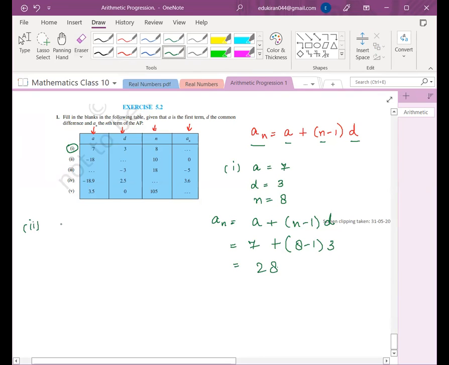Now come to the second part. What is given to you? A is given, minus 18. D is not given this time. N is given as 10 and AN is given as 0. So in the formula, only D is not given. Simply put everything in the formula. AN is 0, which is equal to A is minus 18 plus N minus 1, that is 10 minus 1, into D. So tell me the value of D here.